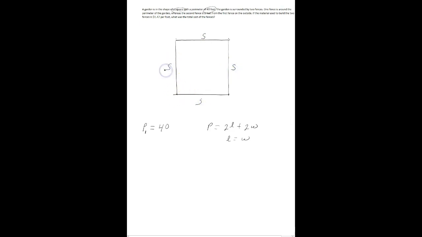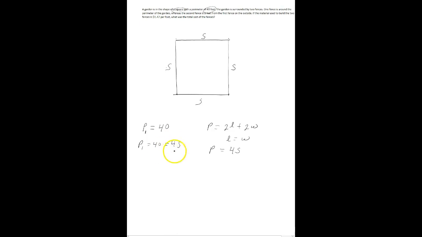The perimeter of a square is equal to 4 times S, because it's S plus S plus S plus S. So the perimeter of 1 is equal to 40, which is equal to 4S.